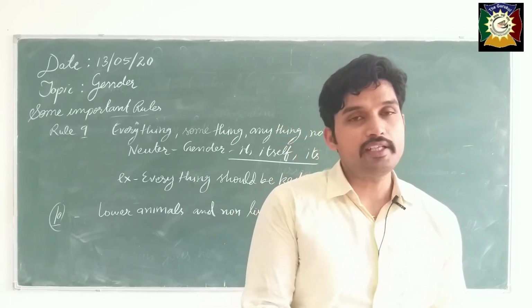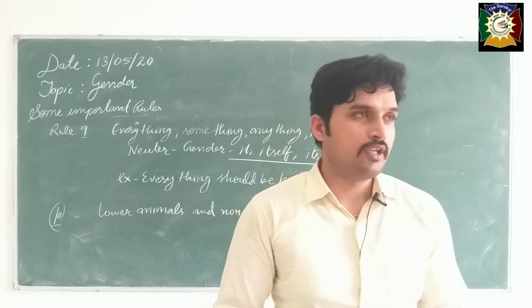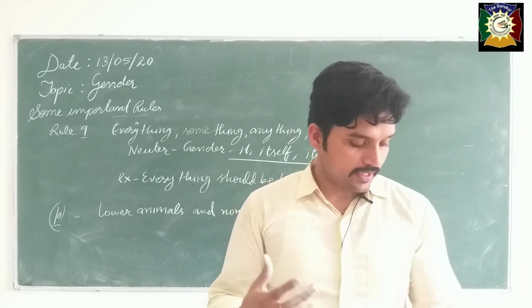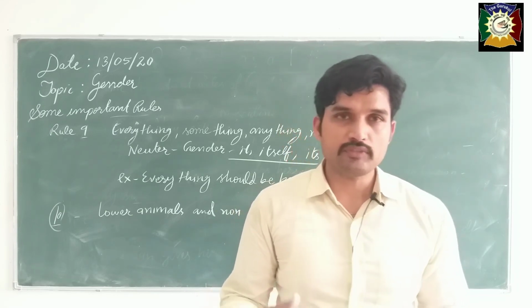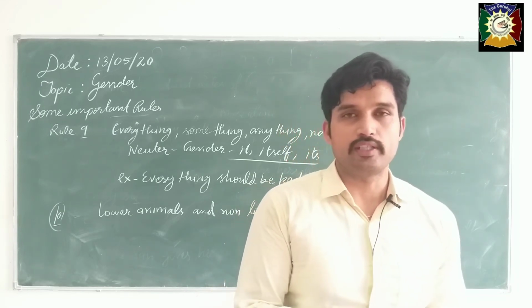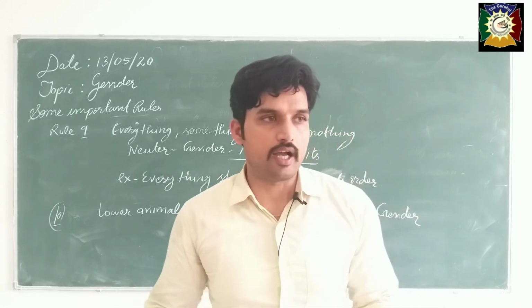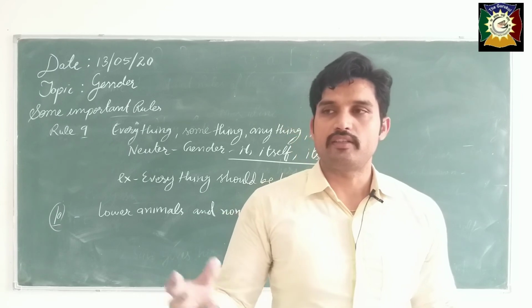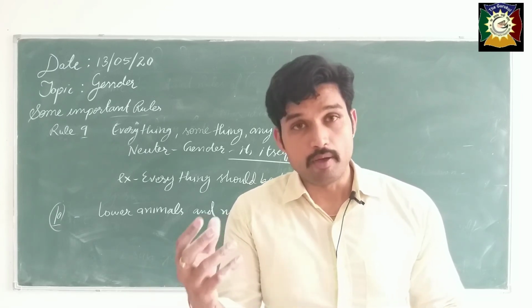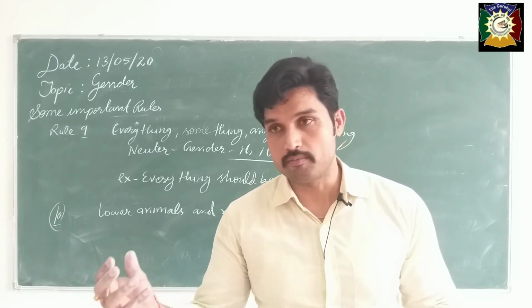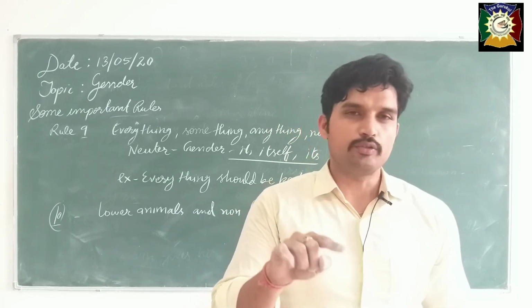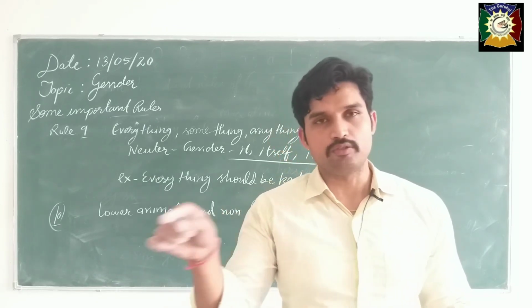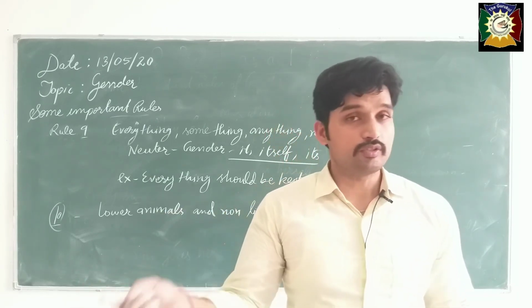For example, it, its or itself. For example, if I say, a child has broken its leg. I don't know the child, either male or female, but if I come to know that the child is a boy or girl, then you can use accordingly. For a girl, you will use her, and for a boy, you will use his.